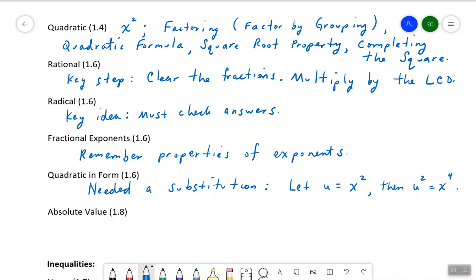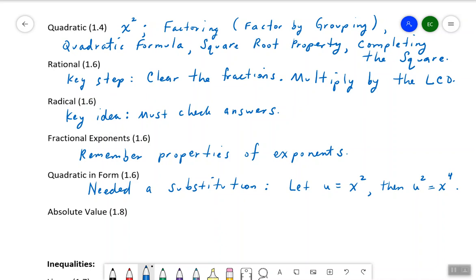So for example, if the equation had x to the fourth and x squared in it, then that's a good clue that it's quadratic in form. And if we made this substitution right here, if we replaced the x to the fourth with a u squared, replace the x squared with u, then we wind up with something that's quadratic. So I won't write out the example right here, but that example is in the videos for section 1.6.